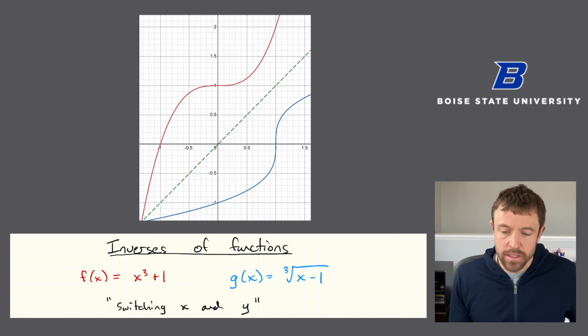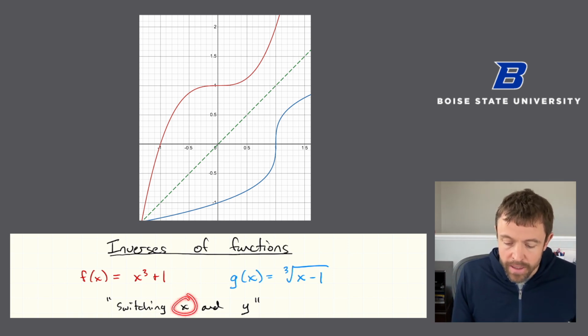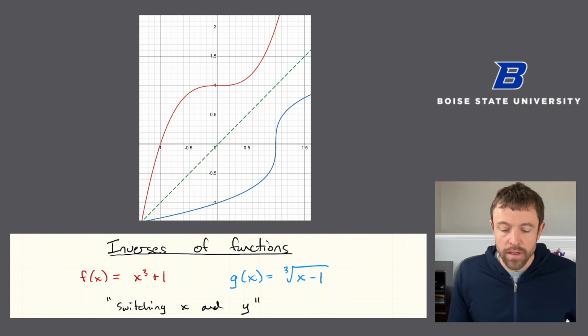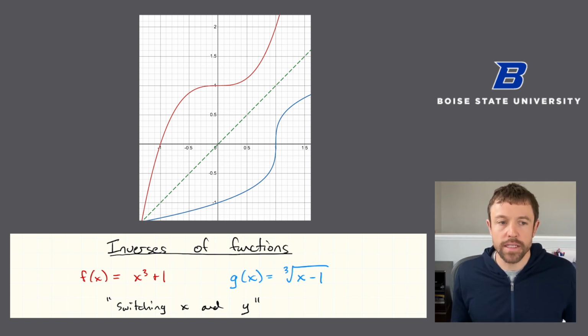And there's nothing inherently wrong with this perspective, but it doesn't make sense in a lot of contexts because switching x and y is only reasonable because x and y are both real numbers, right? That is, in other words, these are functions from the real numbers to the real numbers. As you move forward in math, you'll realize that, well, sometimes we want to have functions between different spaces. And we can have functions between different spaces that have inverses.